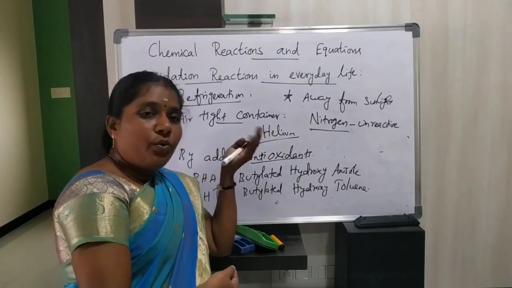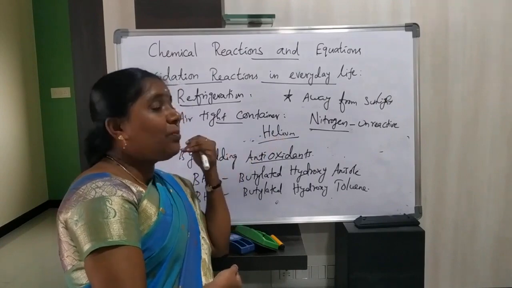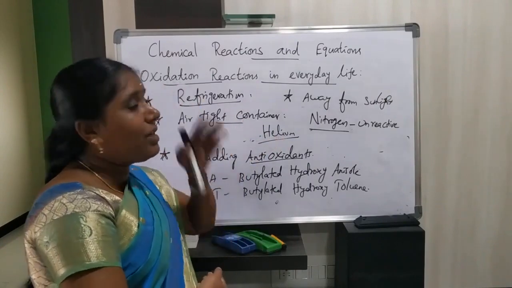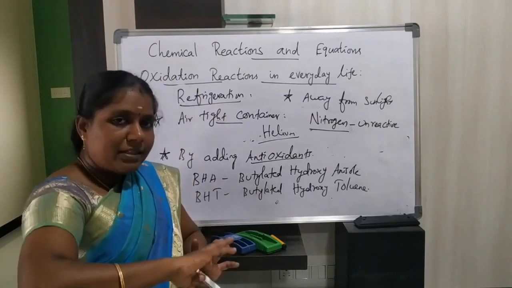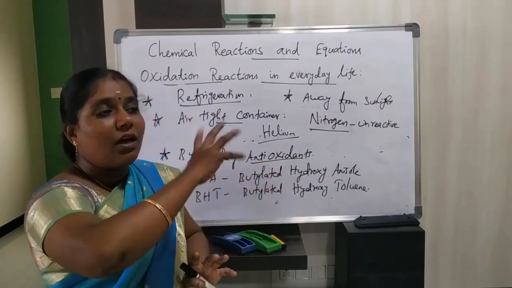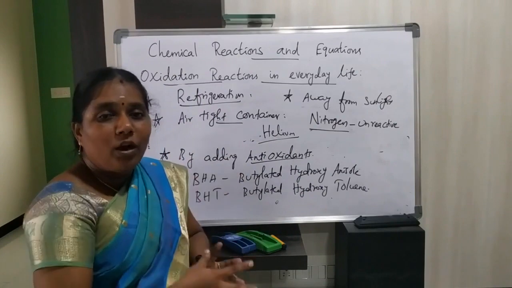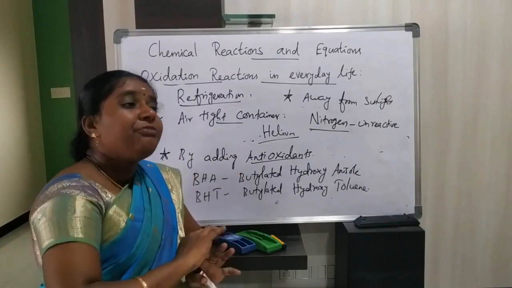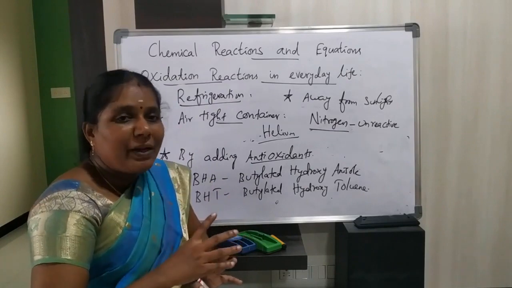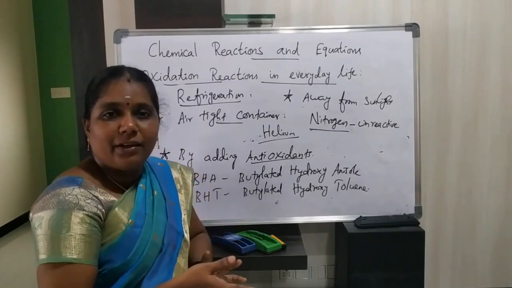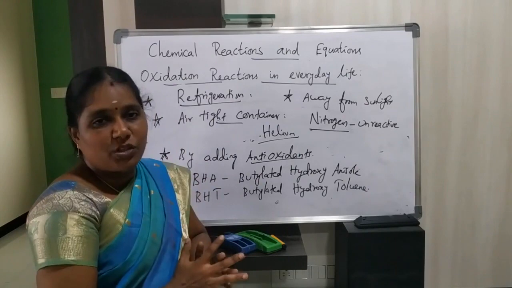And after that we have discussed rancidity, another oxidation reaction in everyday life. This rancidity mainly occurs in food items like fat and oily food items. Generally, fat and oily food substances will get rancid. That means they get spoiled by aerial oxidation.